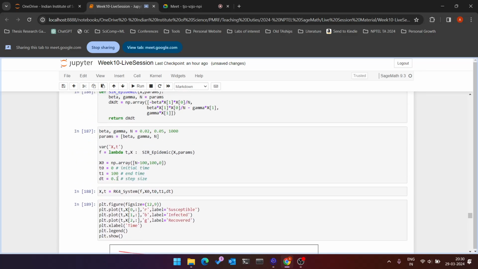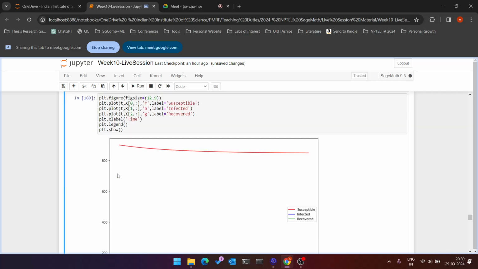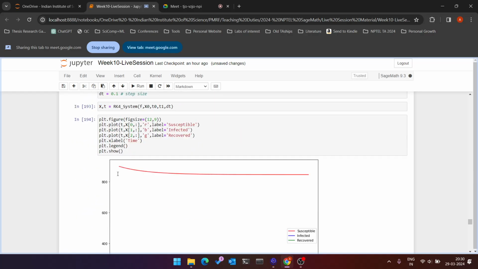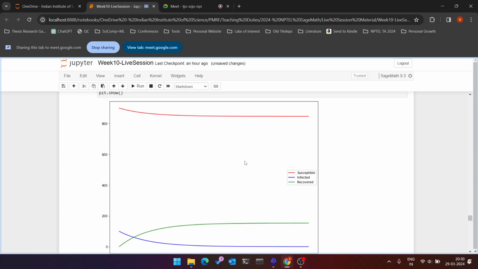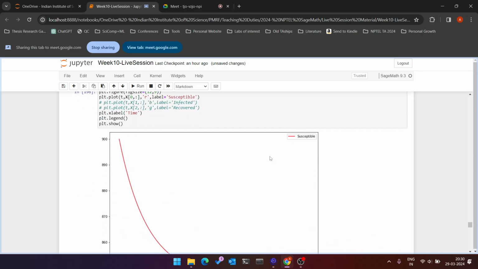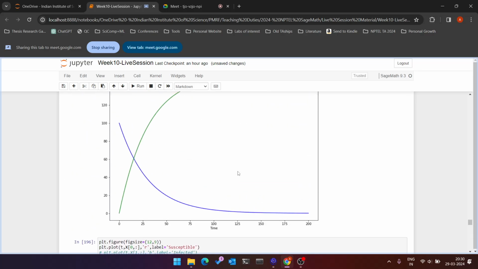Provided a sufficiently large amount of time, we see that the susceptible, infected and recovered curves basically plateau out.